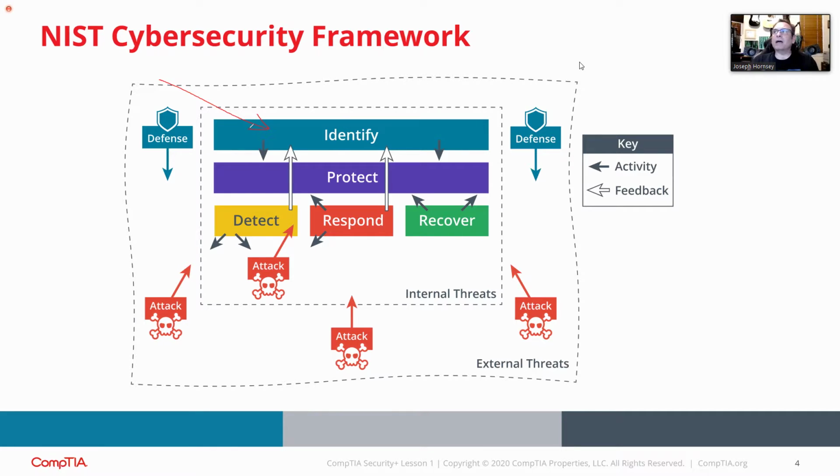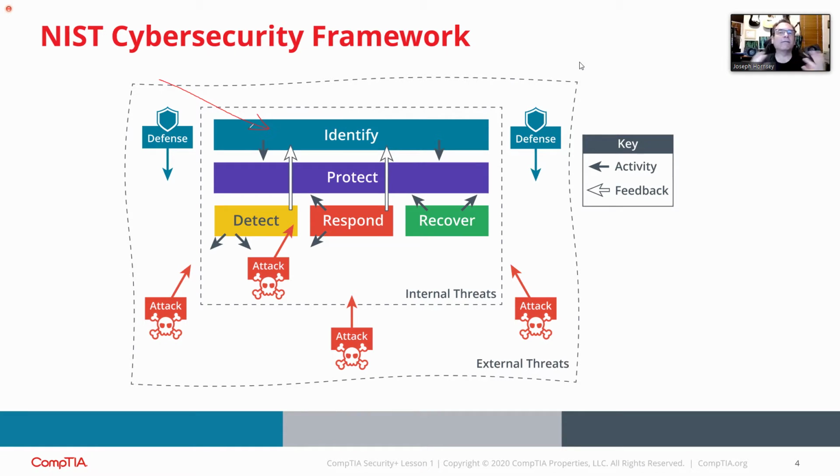The identify function is basically coming up with what threats exist, doing some sort of risk management or threat assessment, and then developing the policies, the procedures, implementing the systems that you need in order for you to try to mitigate those risks, try to patch those vulnerabilities, that kind of thing.